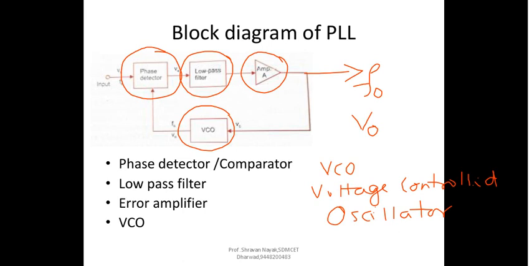So now the voltage controlled oscillator basically provides these signals, that is your F0 and V0, back to the phase detector. So the phase detector input is Vin or Vs, whatever you take, and Fs, that is the input frequency, right? And for the phase detector, the other input happens to be your F0 and V0. This is the general structure of how the block diagram of PLL looks like.